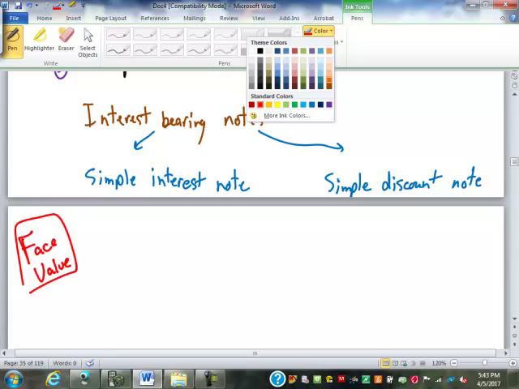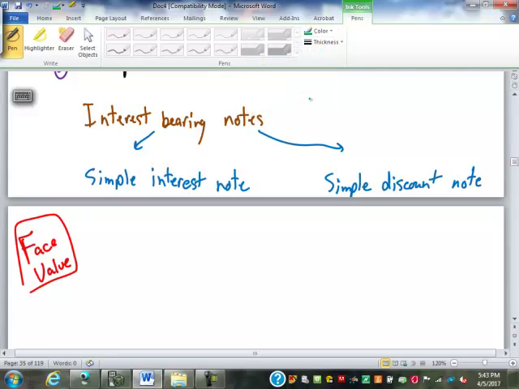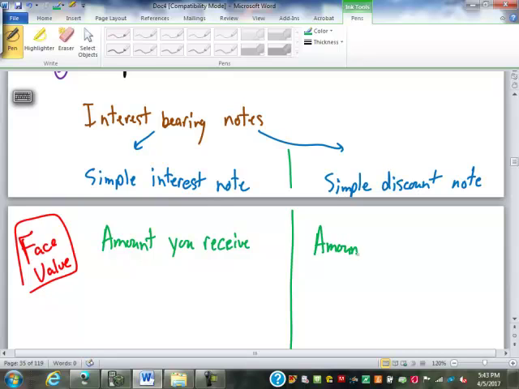In a simple interest note, the face value is the amount you receive. So you're borrowing money, that's the amount you're actually going to get and you're going to get to keep and use. In a simple discount note, the face value is the amount you pay back.